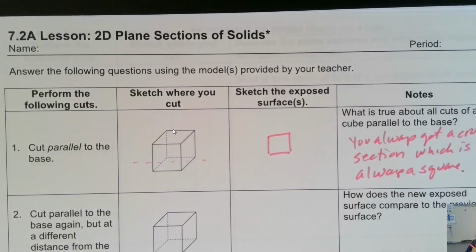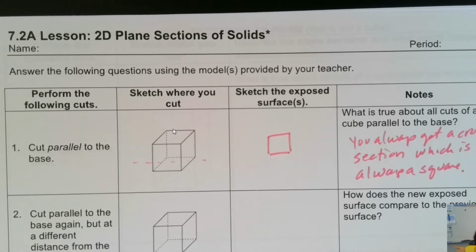Okay, so it's super important to understand that if you make that parallel slice, it's going to be the exact same exposed sketch, no matter if I cut it really low or really high up on the shape. It's going to be the exact same square. All right, number 2, cut parallel to the base again, but at a different distance. Oh, I just spoiled that one.